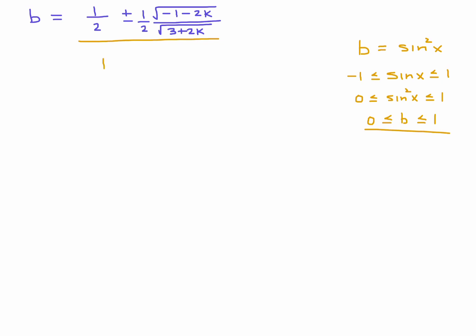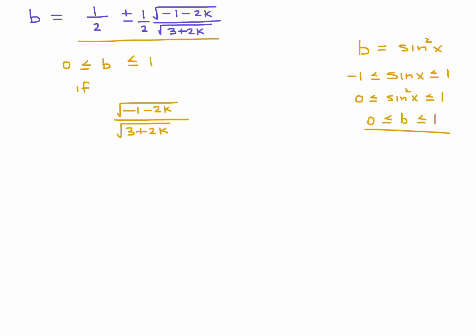And that will be true. b is less than or equal to 1, and greater than or equal to 0, if this guy in here is between a certain range. So that is the square root of negative 1 minus 2k, all over the square root of 3 plus 2k.